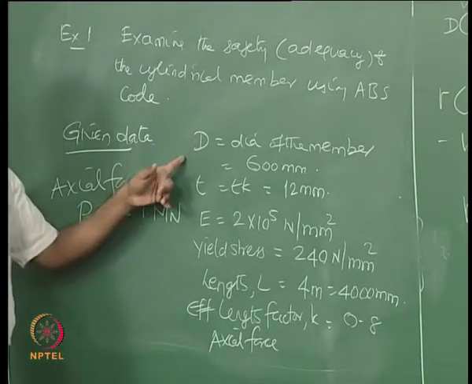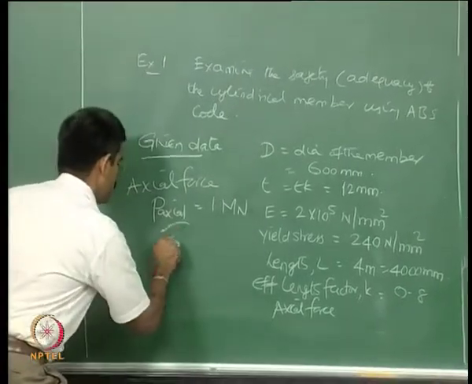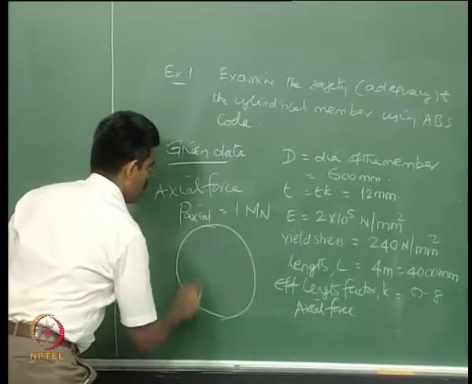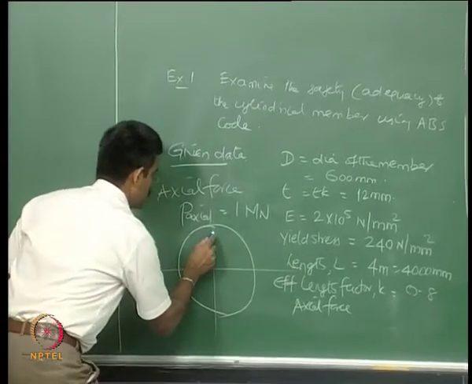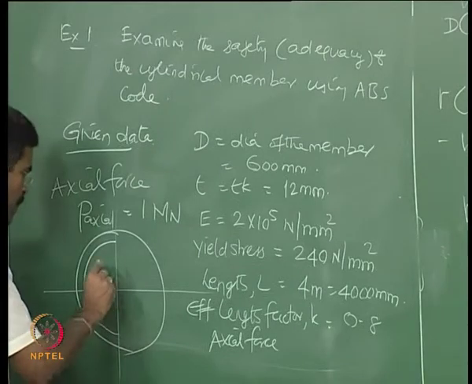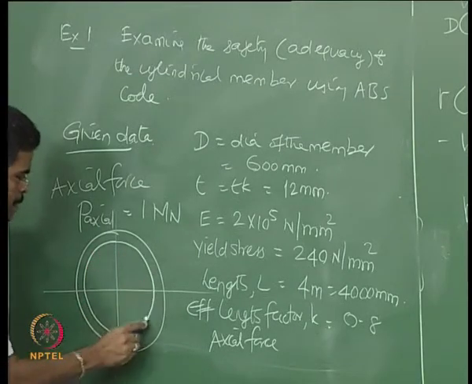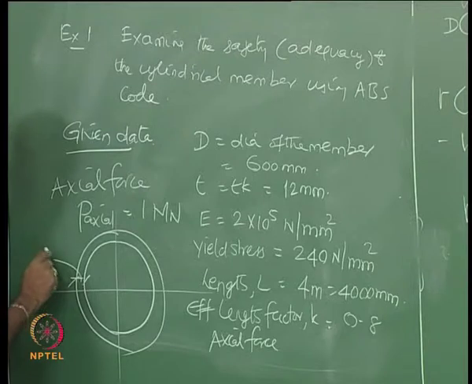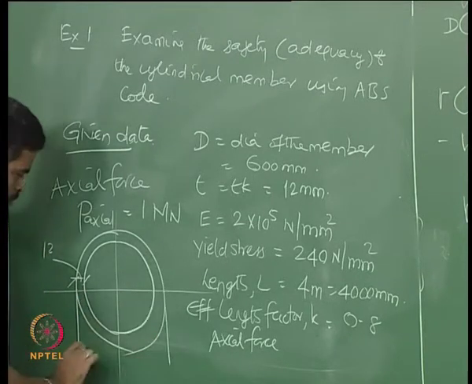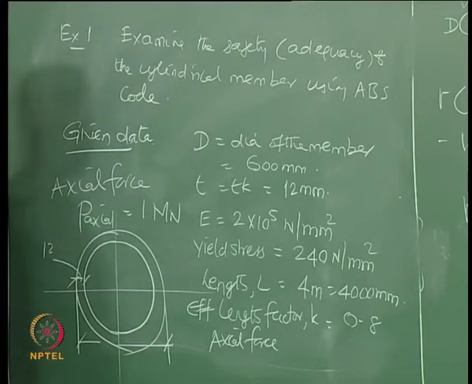So, I have a cylindrical member whose thickness is 12 millimeter and the external diameter of the member is 600 millimeters.